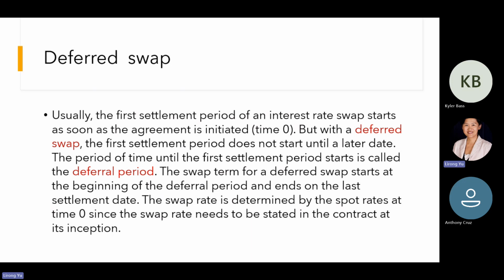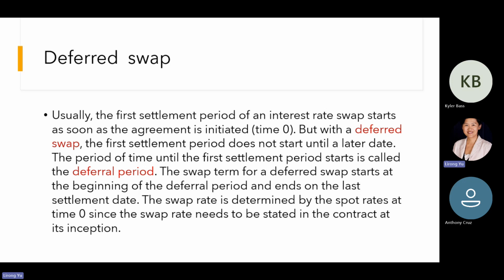And let's talk about deferred swap. What's a deferred swap? It's when you have a contract for the swap payment, but you don't immediately start the swap. So you are deferring the swap payment to a future time. The period of time until the first settlement period, or the first payment period, is called the deferred period.